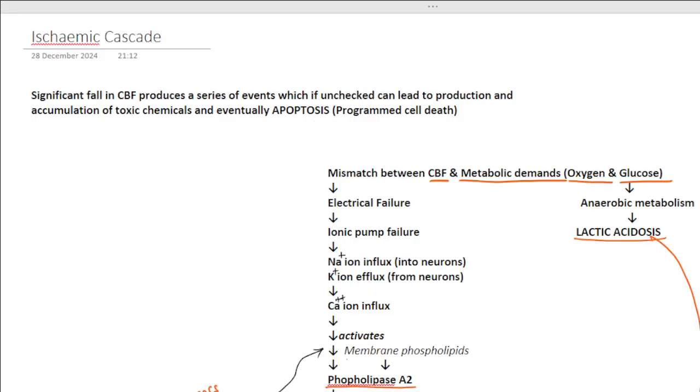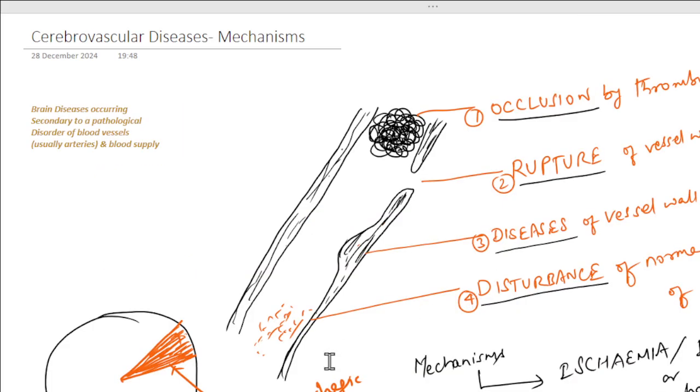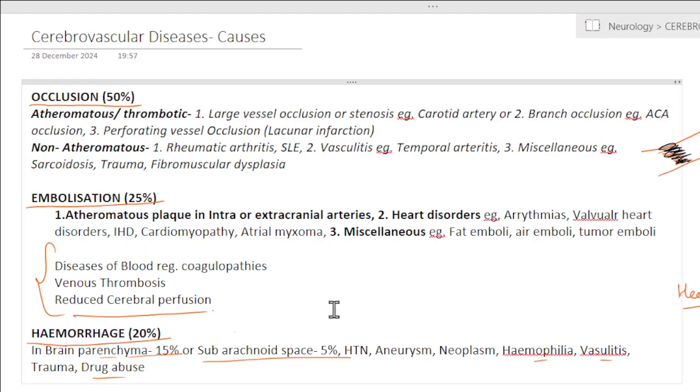So today what all things we understood, I hope everything has gone well with you. So right from the introduction part, we saw introduction, we saw risk factors, then we saw the normal mechanism, then we saw the causes, okay, occlusion, embolization, hemorrhage, you know, from where it happens.